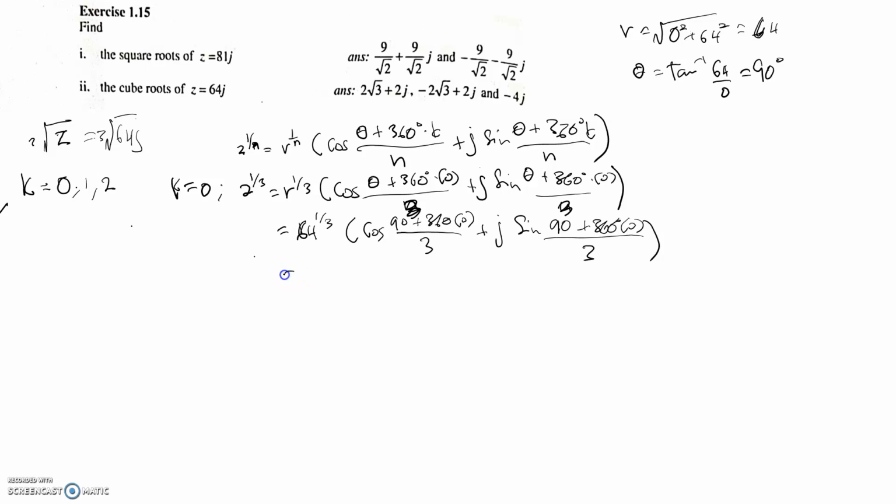So for this one, we have 4 cos 30 plus j sine 30. And the next thing to do is to convert it back into its original form by simply multiplying 4 with cos 30 and 4 with sin 30. So you will get your first answer.